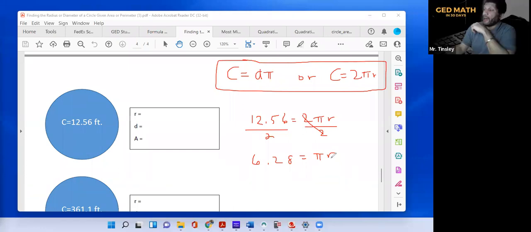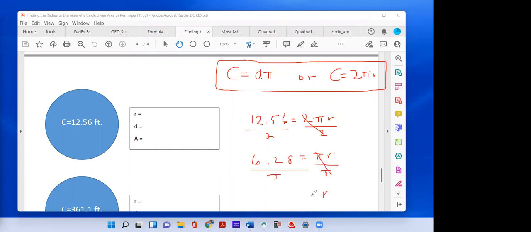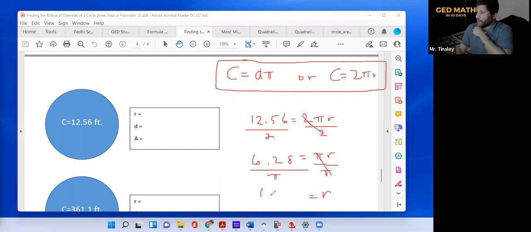Whatever you do on one side, you do on the other. So you divide by pi, and the pi's cancel. Yes. r is equal to 6.28 divided by 3.14. You should see that's 2. If you don't, you could throw it in your calculator. So my radius is 2.